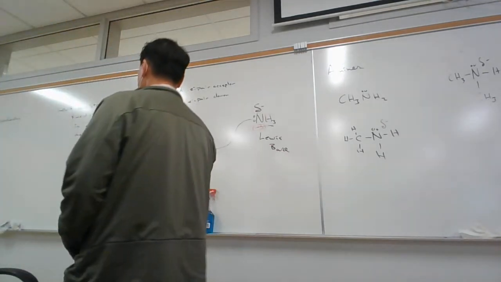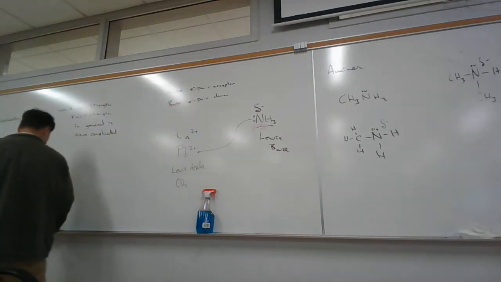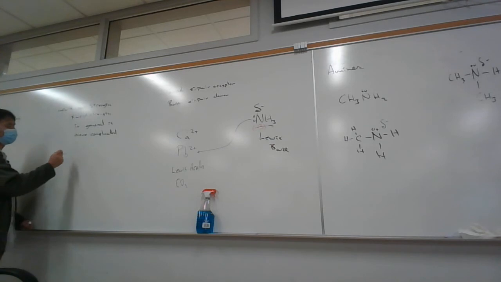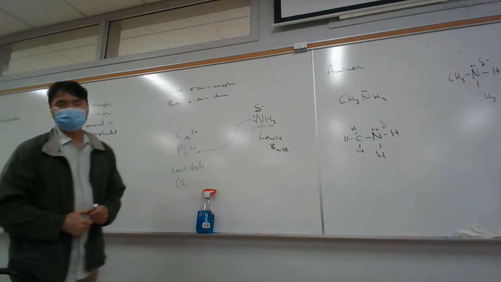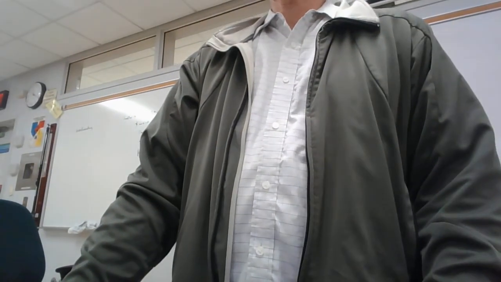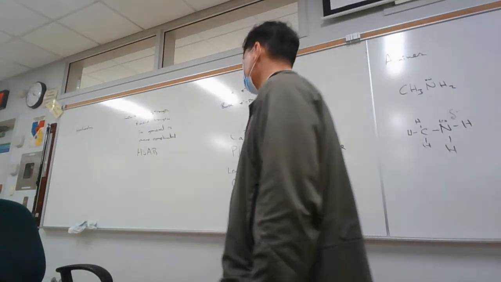And so to illustrate this, to really analyze acid-base strength, we use something called HSAB. HSAB, which we really aren't going to get into in this class, but let me tell you what it stands for.